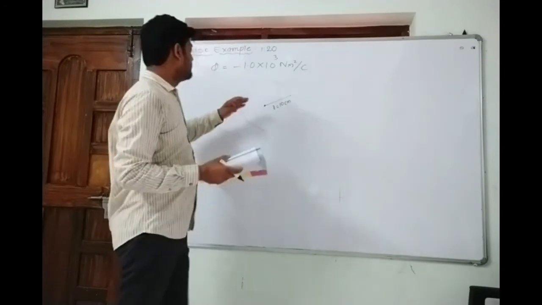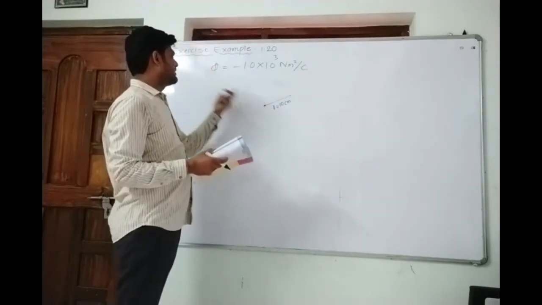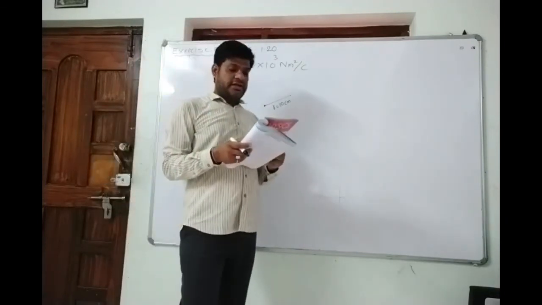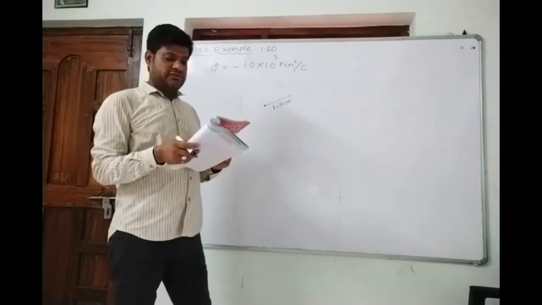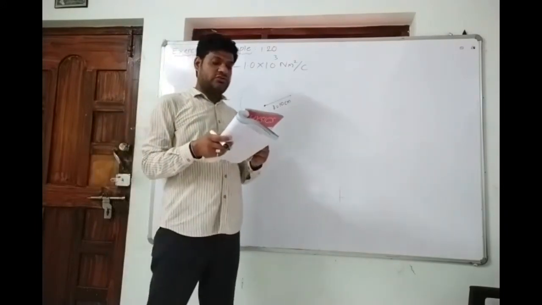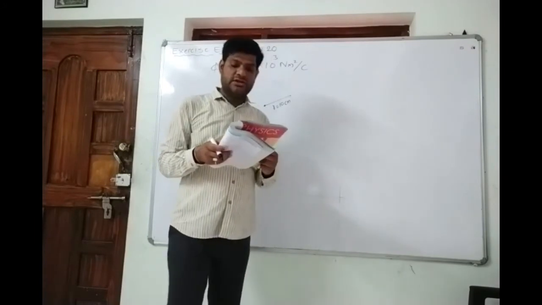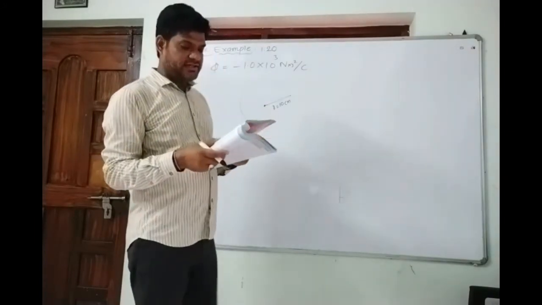The question: if the radius of the Gaussian surface were doubled, how much flux would pass through the surface? Right? That is your question.